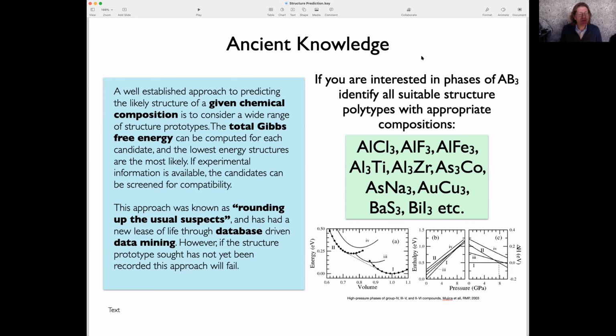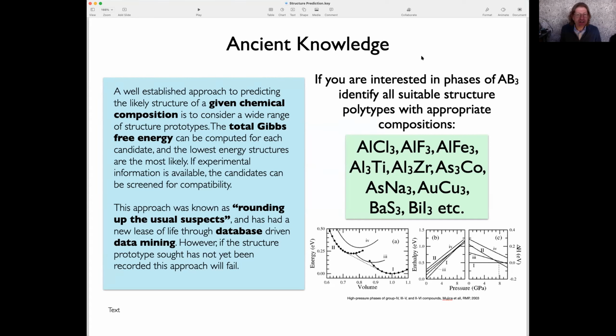But this approach has been given a new lease of life through database or high throughput approaches. Now we have a database of structures, and we don't need to be restricted to the usual suspects. If we were interested in a compound with composition AB3, as on the right-hand side here, we could go through a database and pick out every AB3 type compound that is there, from AlCl3 all the way to BiI3 and so on.